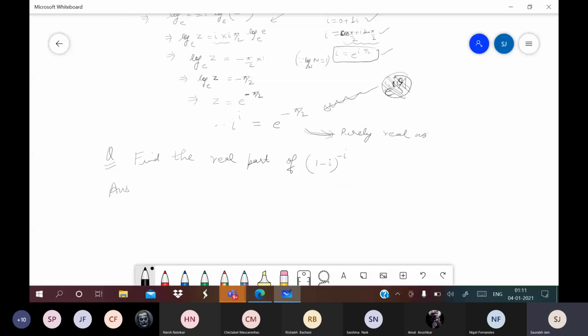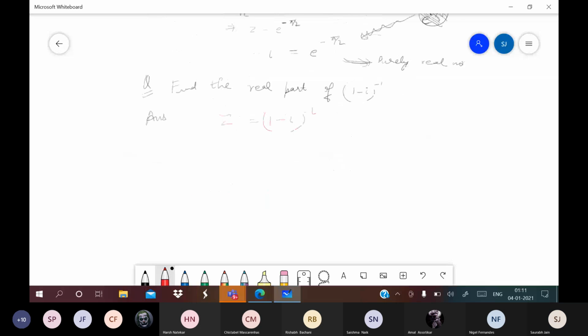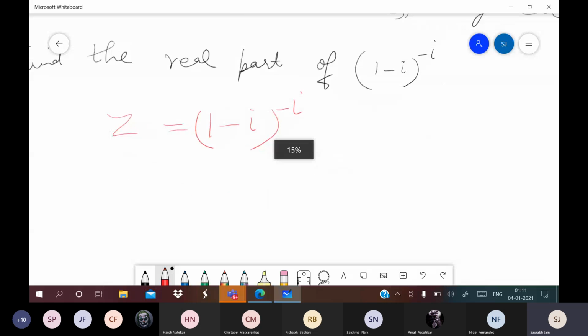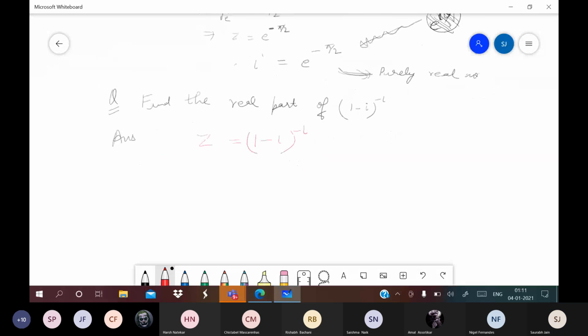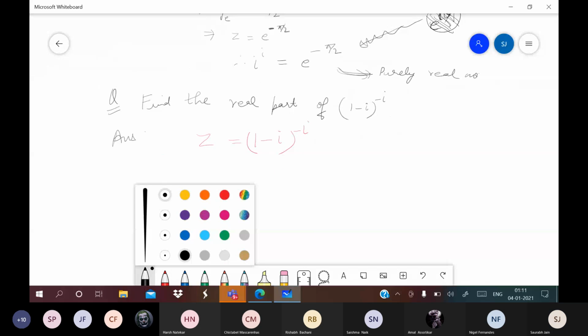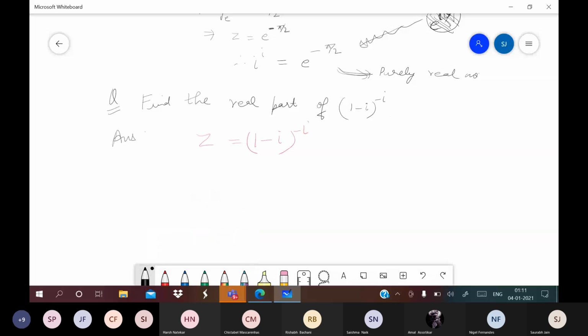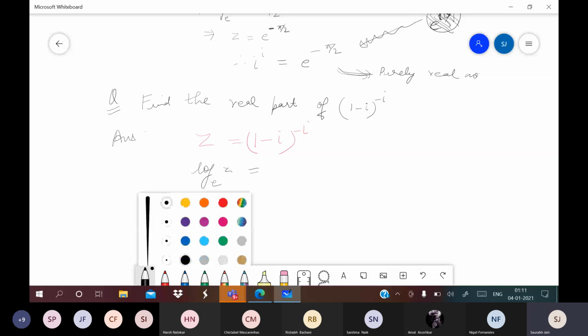So if you observe the steps, first of all I take it as z. Then what is the next step? We take log on the base e.